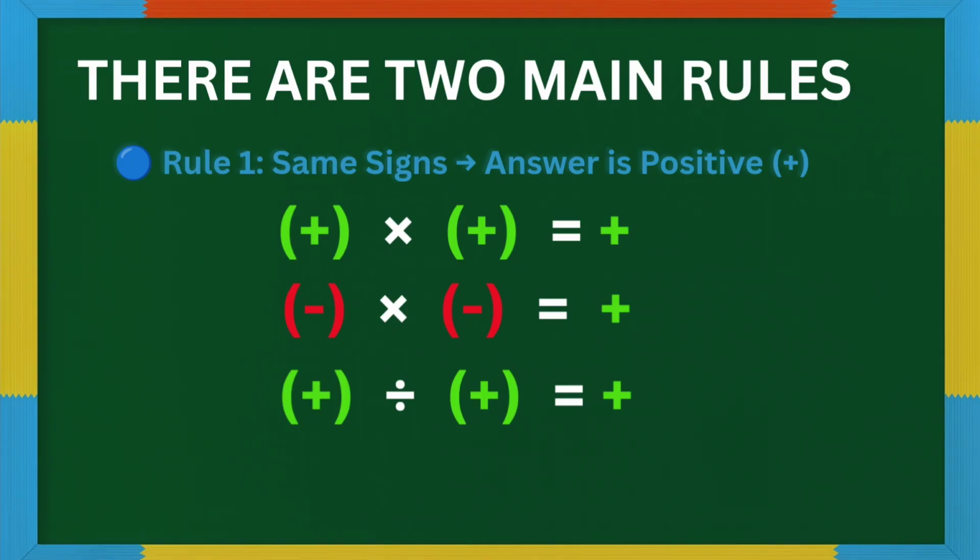The second rule is when you divide a negative number by a negative number, the answer is always positive too. We can say that minus divided by minus is equal to plus. So remember, when the signs are the same, the answer is always positive.